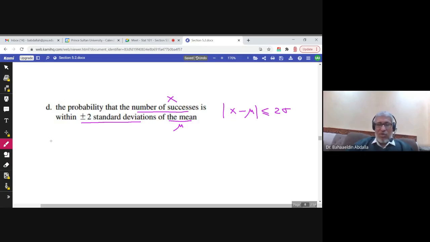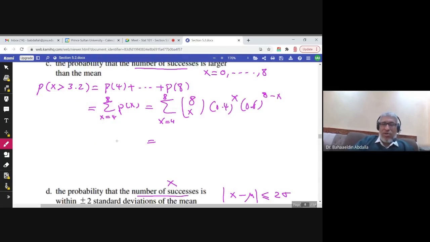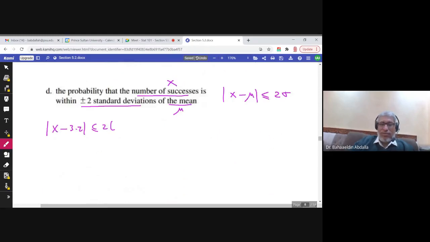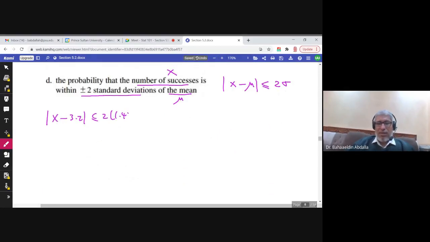So what do we know? We know that mu is 3.2, and we know that sigma is approximately 1.4. So I need x minus 3.2 with the absolute value to be less than 2.8. Now, if you remember, absolute value of x less than d means negative d less than x less than d.